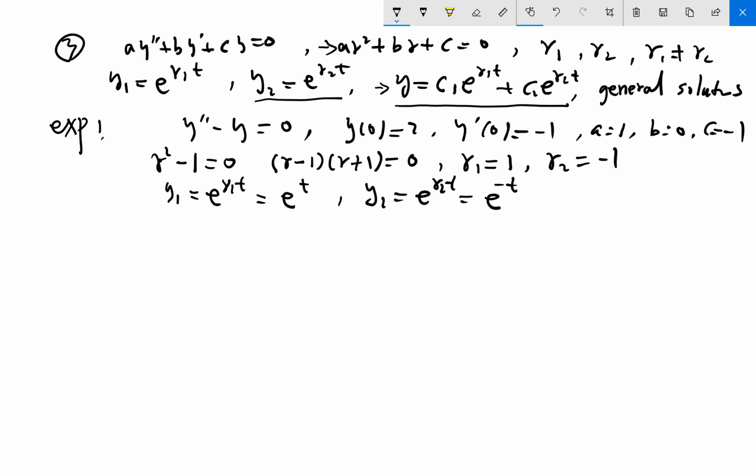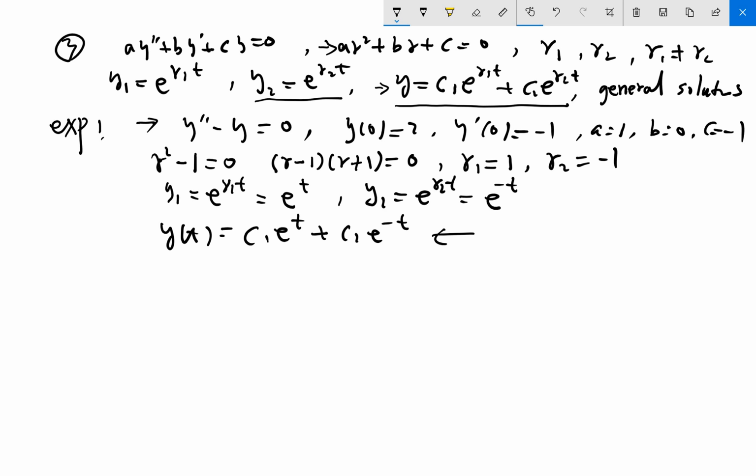So the general solution is C1 e to the t plus C2 e to the negative t. You can try putting this back into the equation. You're going to see that for arbitrary C1 and C2, this will be a solution.